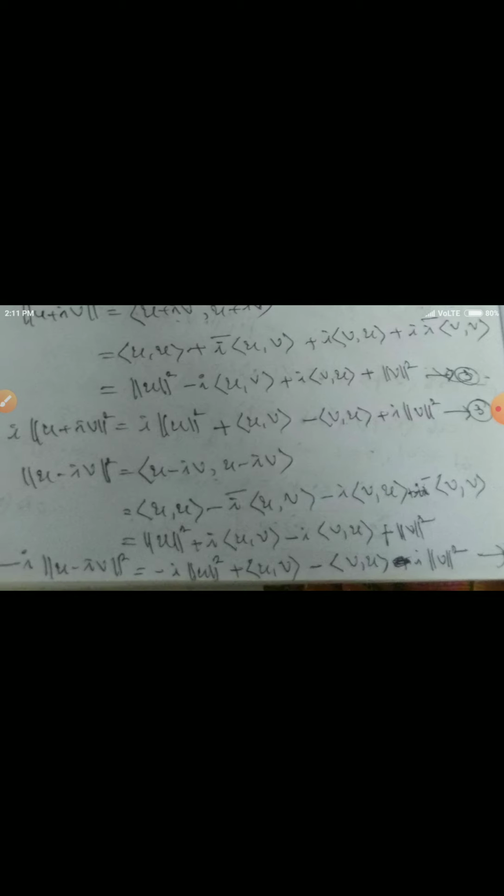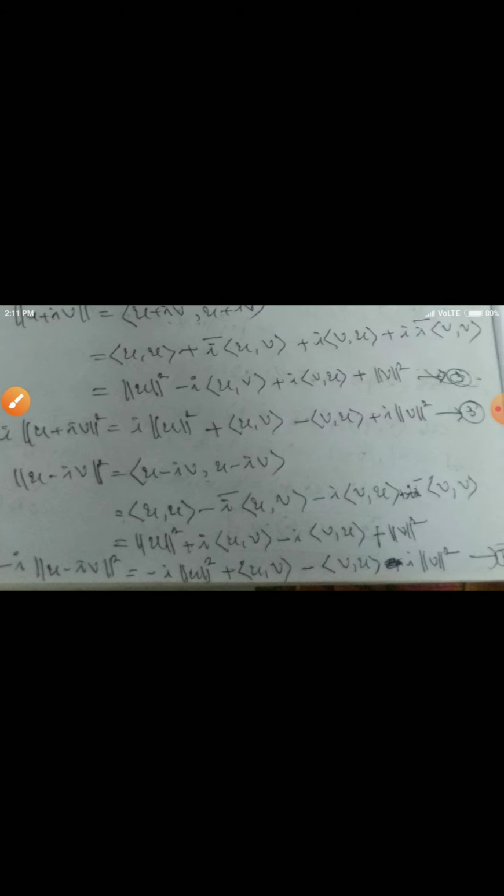Call that as 3. Now, norm of u minus iv whole square is nothing but the inner product of u minus iv, u minus iv. So once again u minus i conjugate into uv minus i into vu minus into minus plus i square means minus 1 vv.